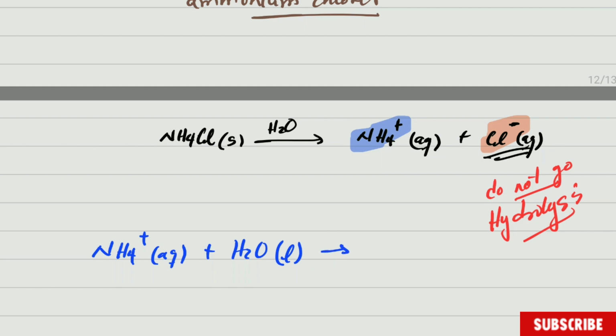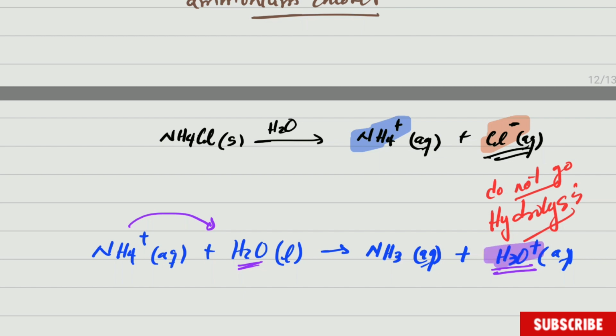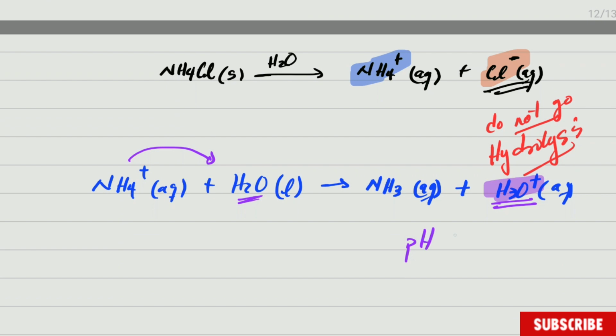When this happens, guys, it will form NH3 aqueous plus H3O plus aqueous. In this case, the ammonium will give a proton to the water there. Guys, this is what happened. You can see that the concentration of the H3O plus increases. There you can see it. You have more of that, and therefore the pH of this substance will be less than 7, or an acidic solution.